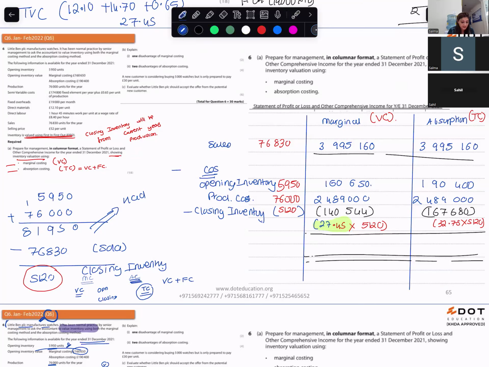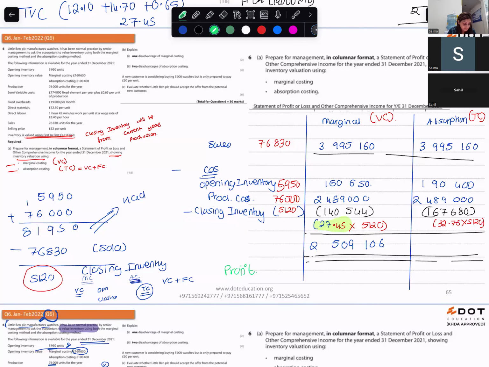As per marginal costing, it will be opening inventory 160,650 plus the production cost 2,489,000 minus the closing inventory 140,544. So it becomes how much? 2,509,106.